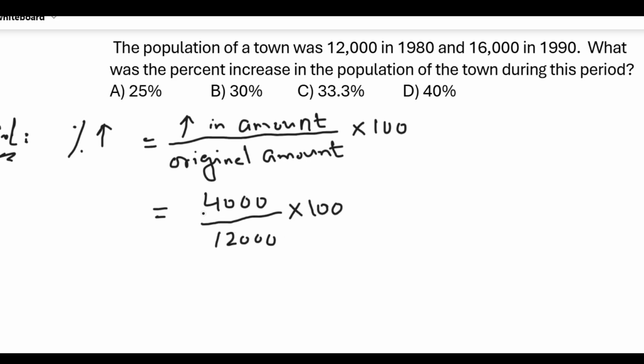Now, if we divide this, 4 ones are 4 and 4 threes are 12, so this will become 1 divided by 3 into 100.